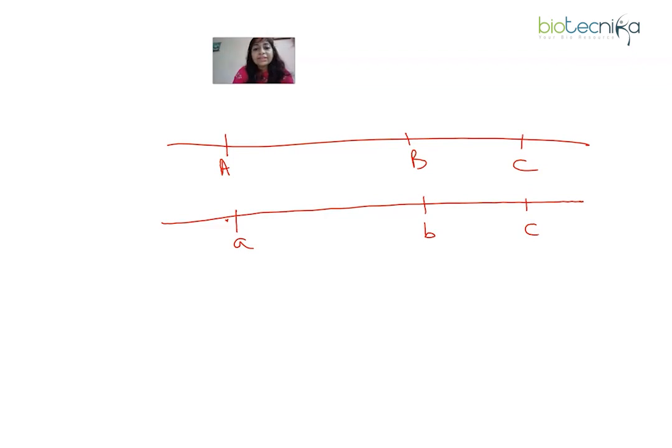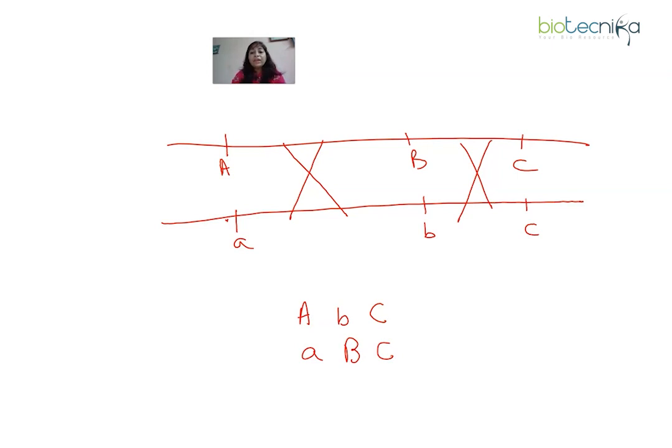Okay, so when the distance between these three genes is quite large, then the physical distance between each pair of genes increases, and because of that there is a chance of double crossover, means one crossing over event happening between A and B, one crossing over event happening between B and C. Right? Now, if that is the scenario, then the double crossovers will come as A, small b, capital C, or small a, capital B, small c.